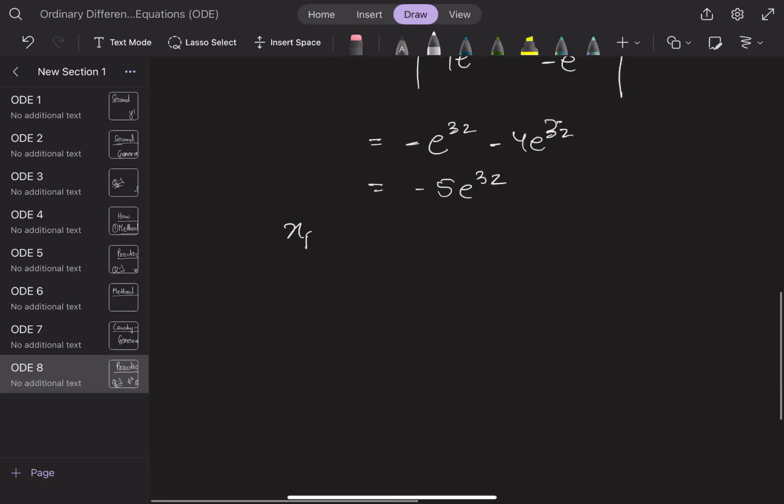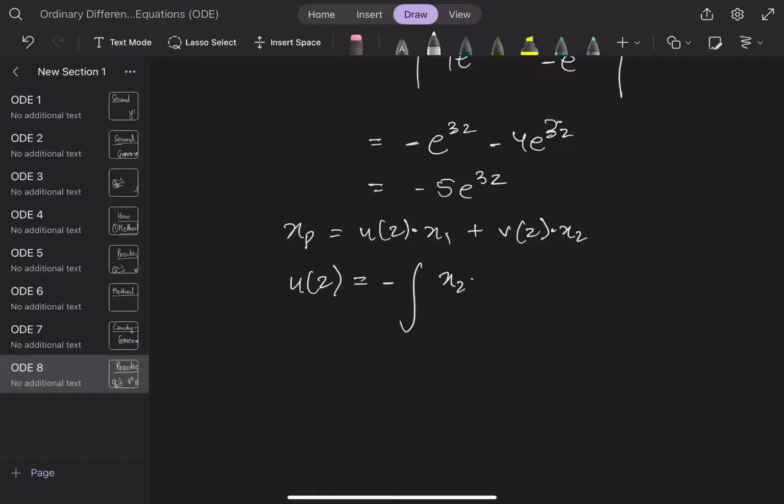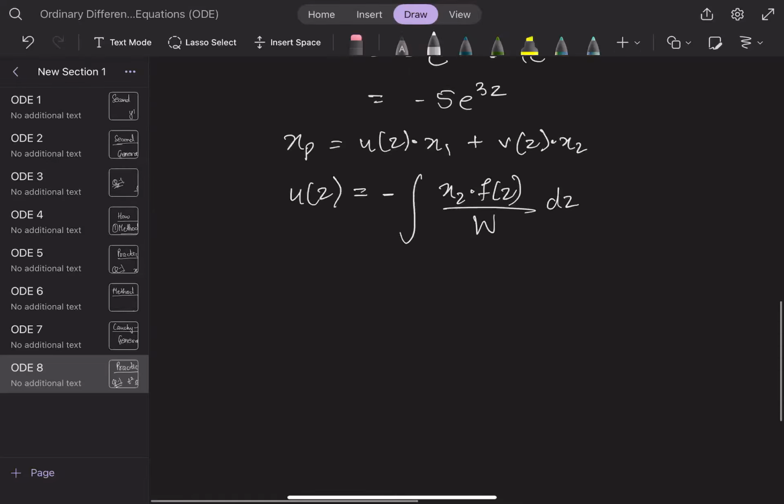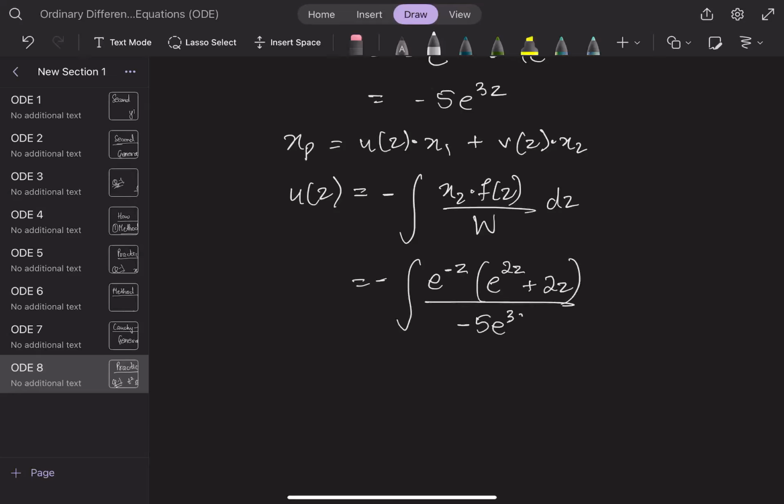Now your xp is u(z) times x1 plus v(z) times x2. So the formula for u(z) is minus integral x2 times f(z) divided by W dz, is equal to negative, x2 is e raised to minus z, f(z) is e raised to 2z plus 2z, divided by minus 5 e raised to 3z dz.